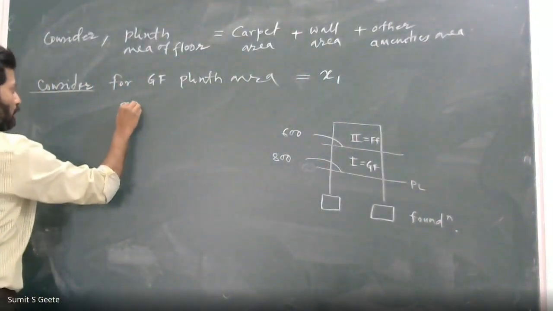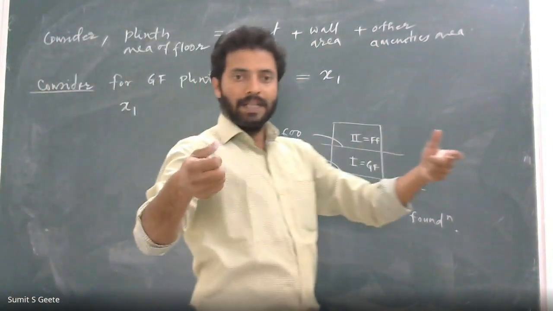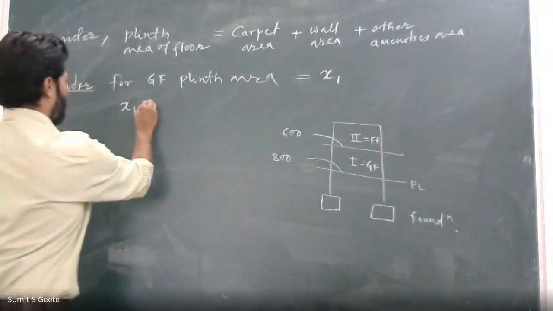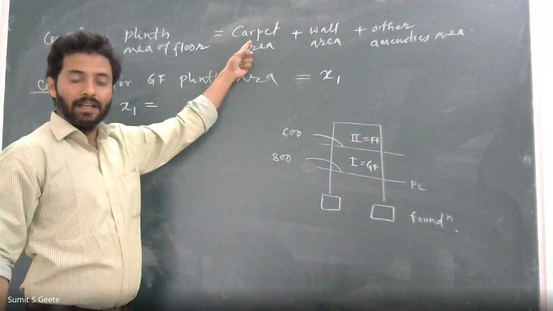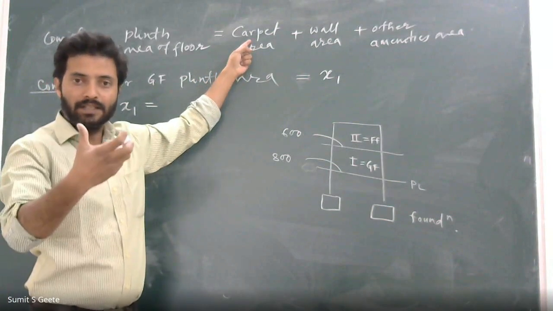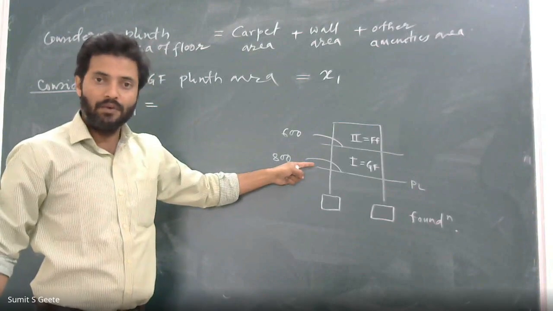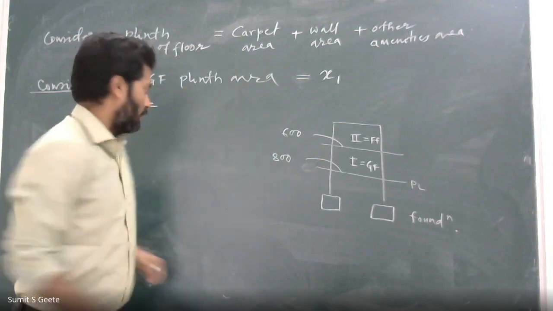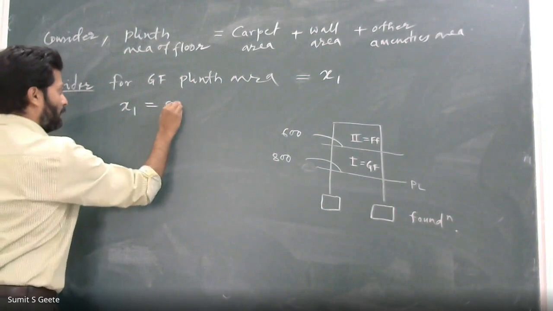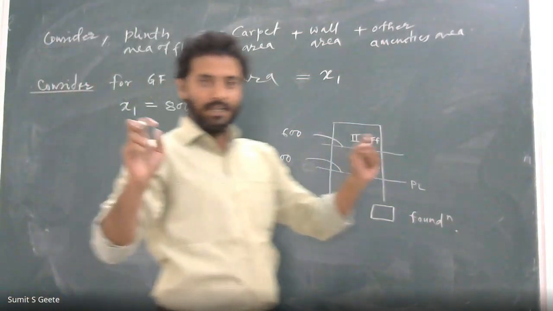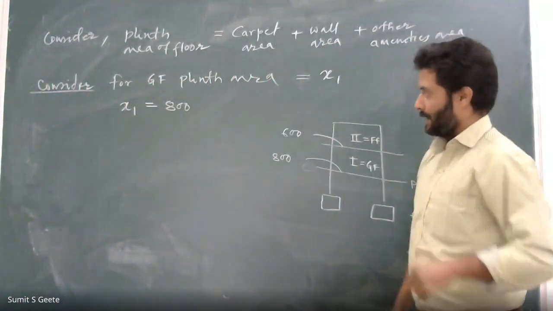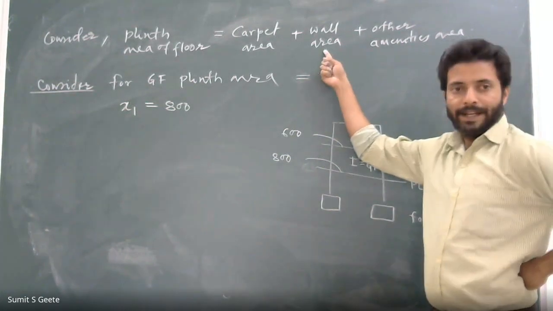This is x1, because the plinth area at ground floor is equal to the carpet area. Now carpet area of which floor am I going to consider? I am going to consider the carpet area of the ground floor. What is the value? It is 800 square meter. So I am going to consider 800, right? Now next thing, what about wall area?